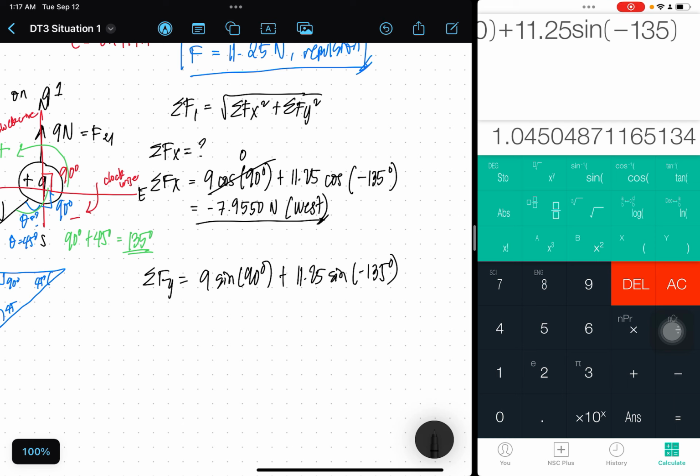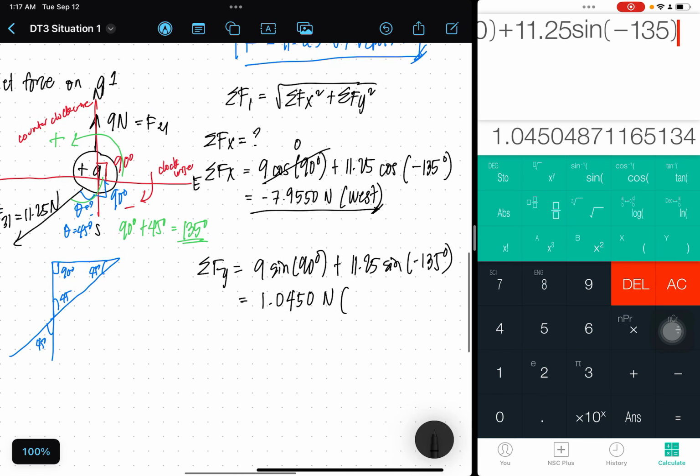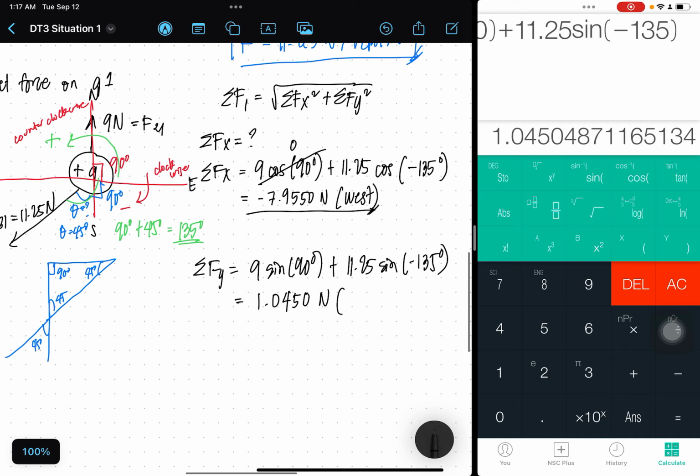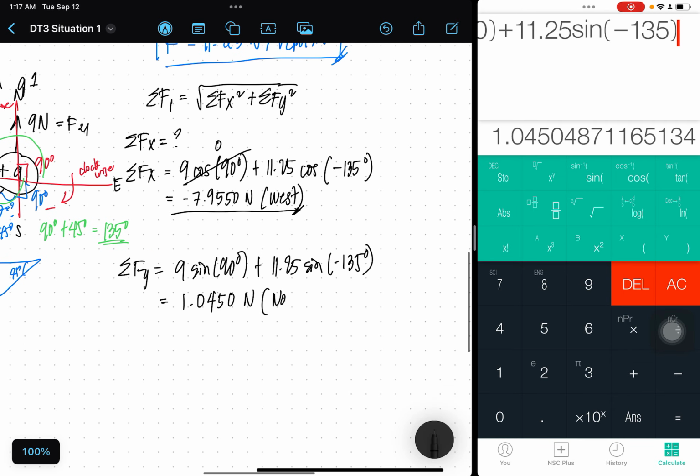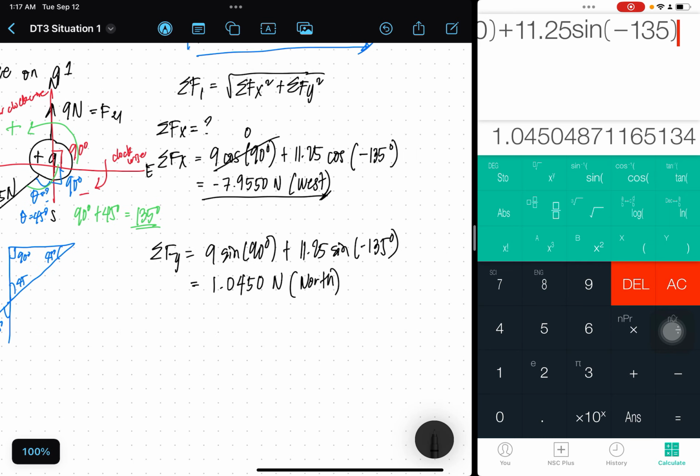So, we will get a value of 1.0450 Newton. And our direction, kung mapapansin nyo, ay pataas kasi positive siya. So, north or upward. Okay?